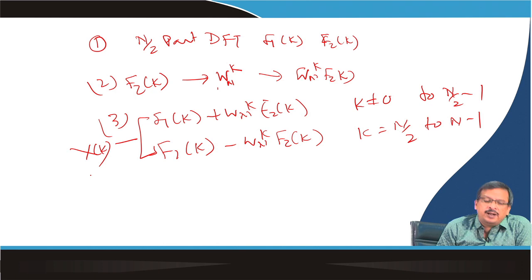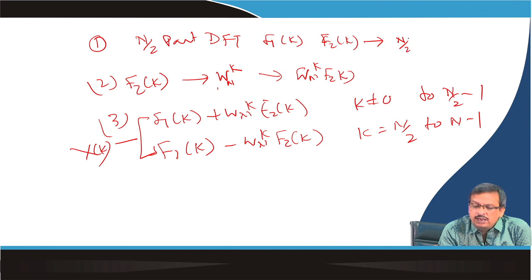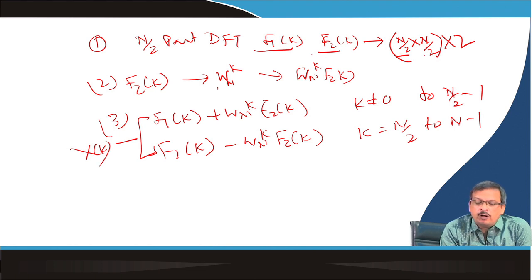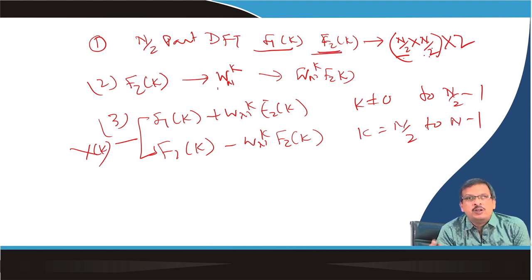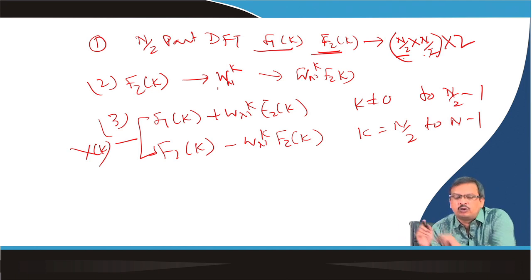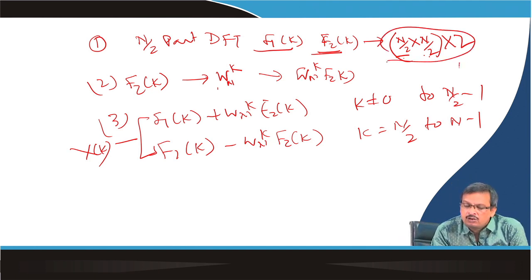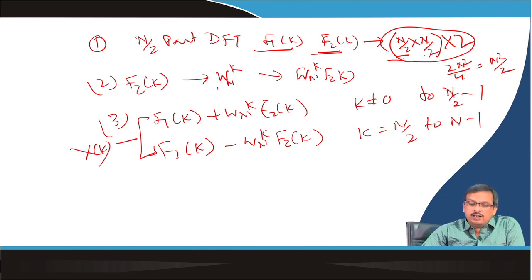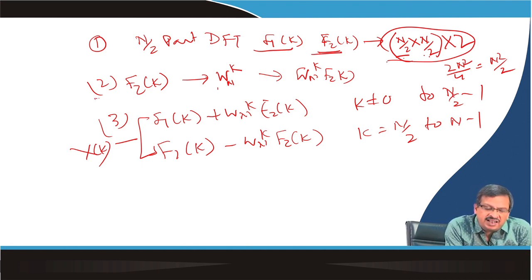Now, what is the computational complexity? In this stage, I required n by 2 into n by 2 complexity into 2, because there are 2 DFTs: the complexity of F1 is n by 2 into n by 2, and the complexity of F2 is also n by 2 into n by 2. So, 2 into n square by 4, I can say n square by 2. Now, what is the complexity in the second stage?